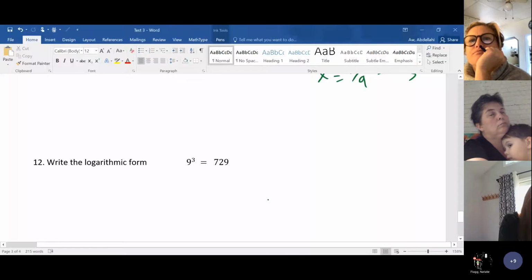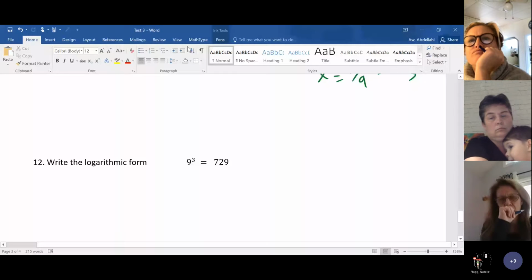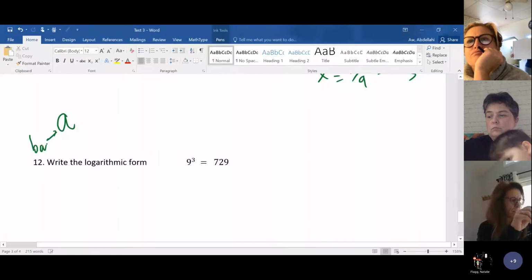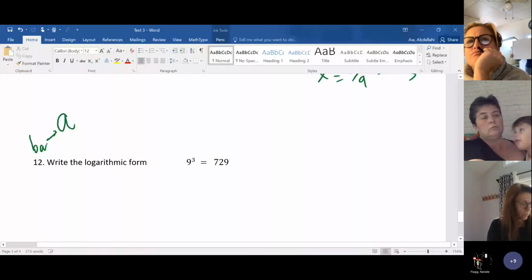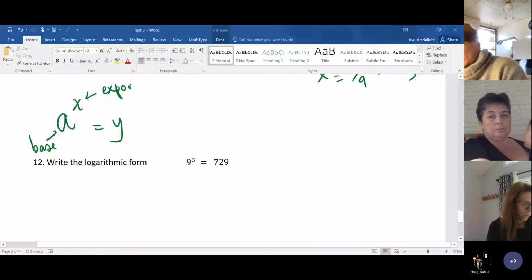We say exponential: this is a base, base to the x is equal to y. This is the exponent. We want to invent the reverse process of that.